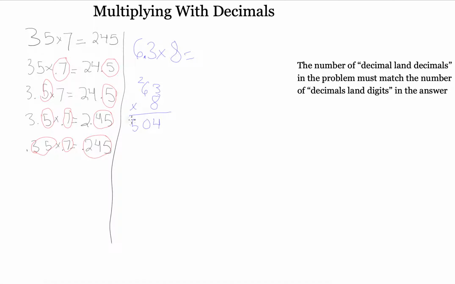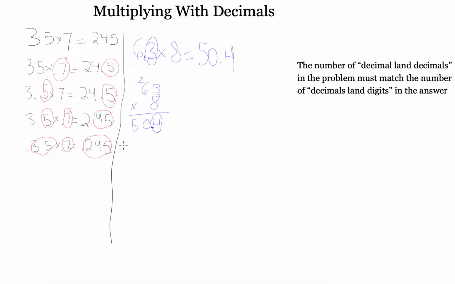But I'm not done yet. So I have to figure out how many digits were in decimal land in this question, and that's only one digit. So I need one digit to be in decimal land in the answer. So to make this 4 become decimal land, I have to add a decimal point right here. So our answer to this question would be 50.4.